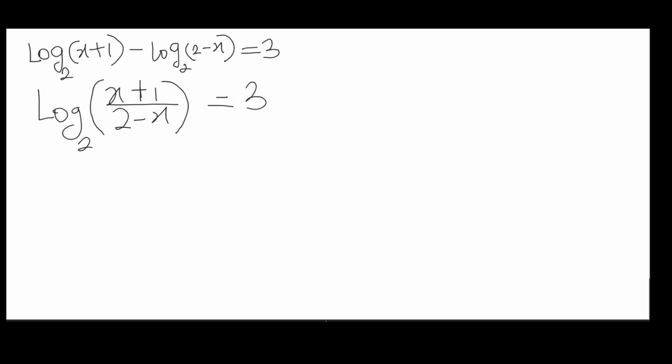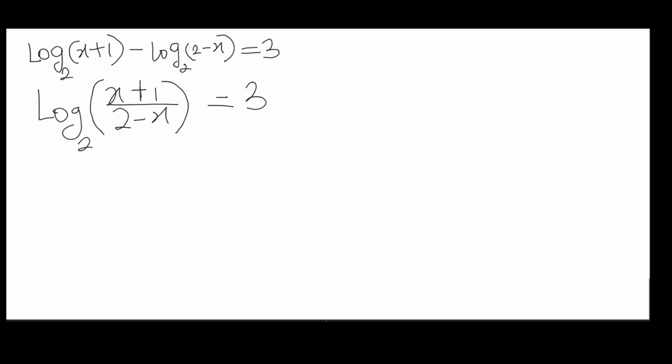Now, don't forget, our aim is to remove the logarithm so that we can find a value for x, because if we do not get rid of the logarithm, we can't get a value for x.